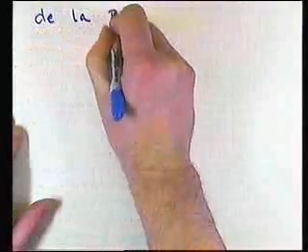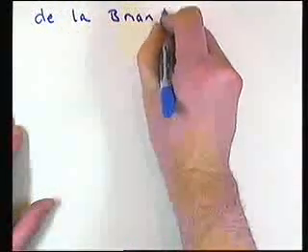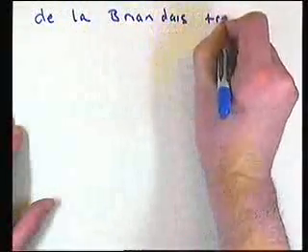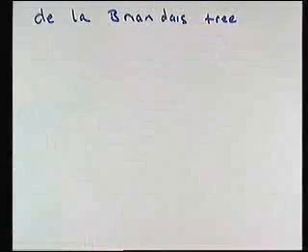The other thing we'll worry about from Chapter 8, Section 2, is known as the De La Brandais tree. And the De La Brandais tree is simply using sparse array implementations of our lists.